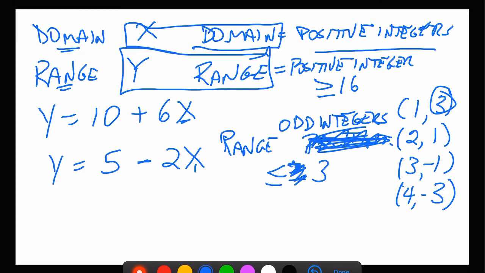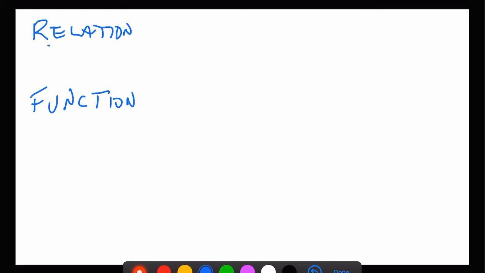Now, you're like, okay, what's the point of that? Well, lots of points of things. Anyway, a relation and a function. A relation means that we can specify a relationship between x and y.